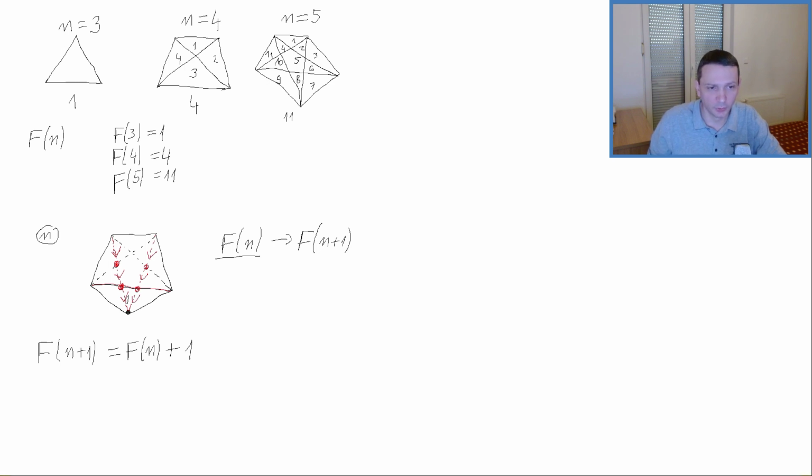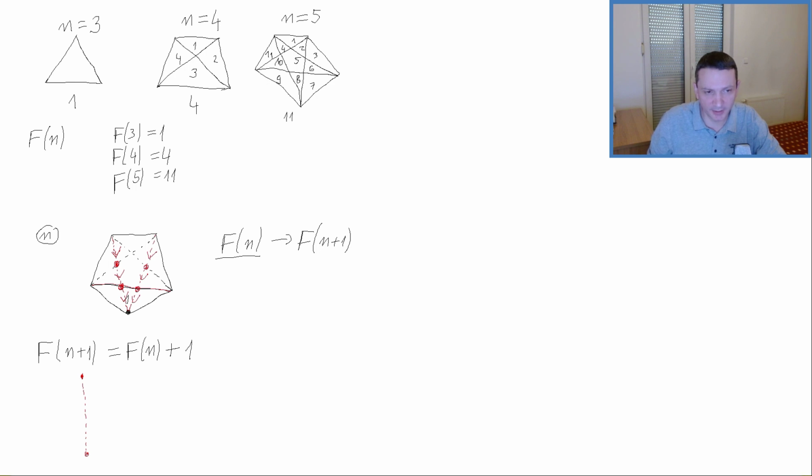So how to obtain all this? I shall now look at what happens with adding one new diagonal. Let's think of this as one new diagonal from this point here to this point here.